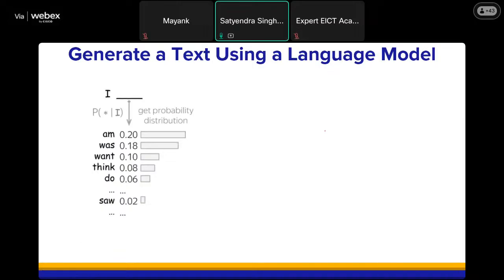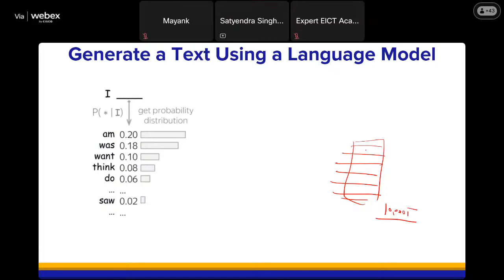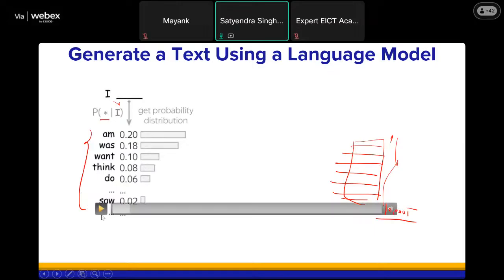From all the corpus of data, for example, say your training data has 10,000 tokens, it calculates the probability for all the 10,000 tokens given the word "I", simply conditional probability, and the word which has the highest probability is selected as the next word.